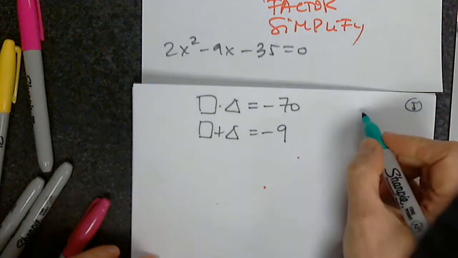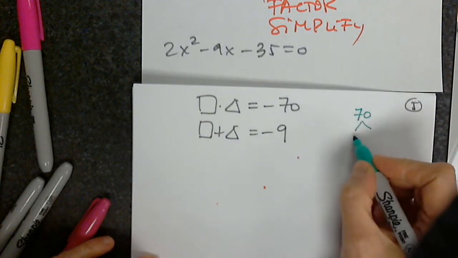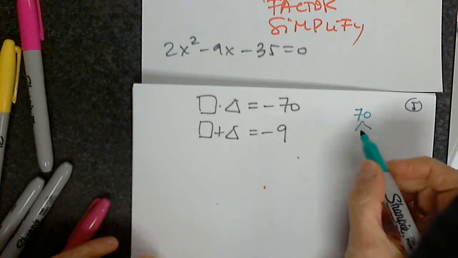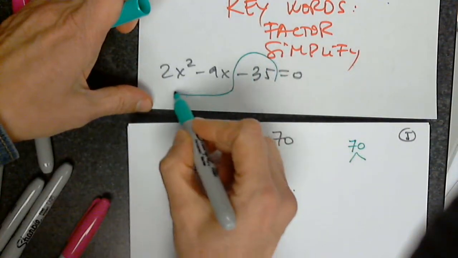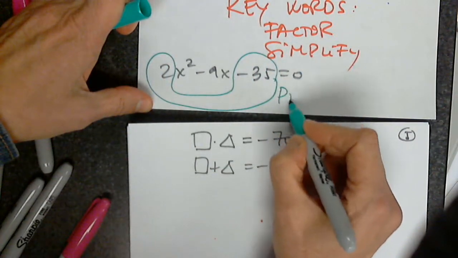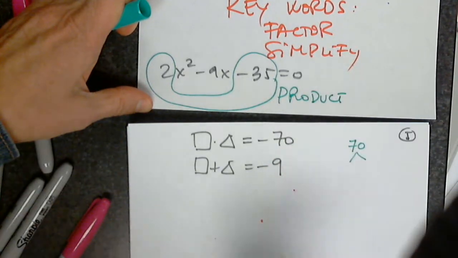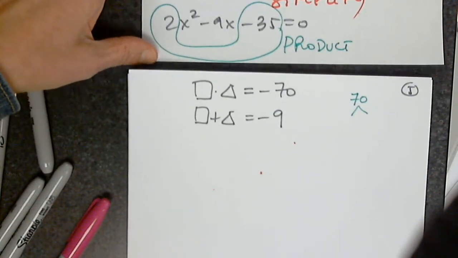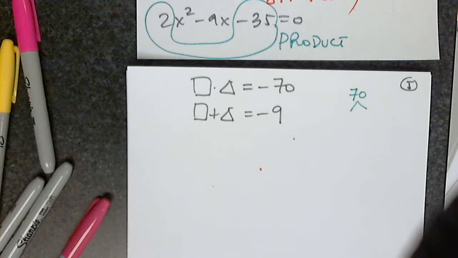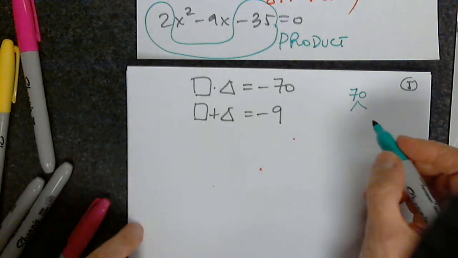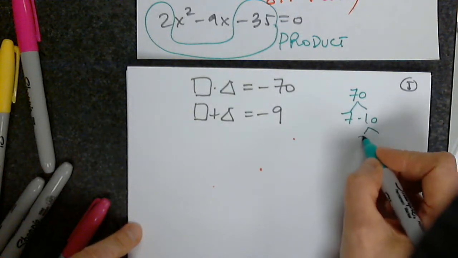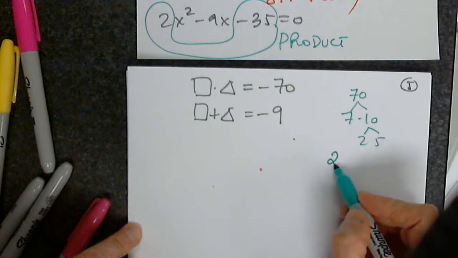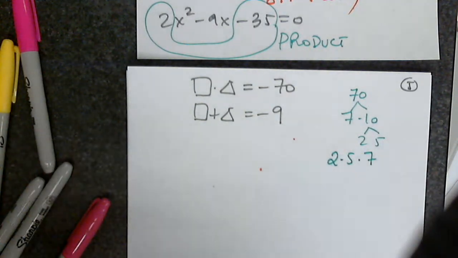Let's split it up. 35, not 7. So 70 is 7 times 10, and 2 and 5. So I'm looking at 2, 5, and 7.